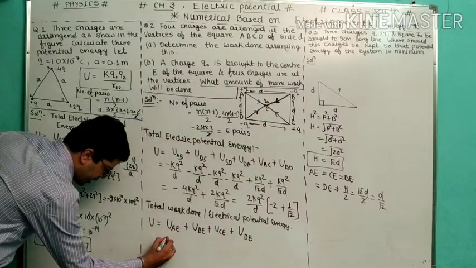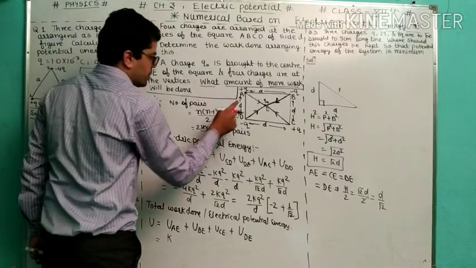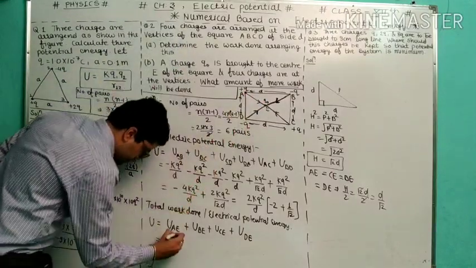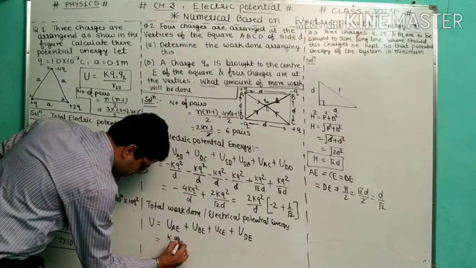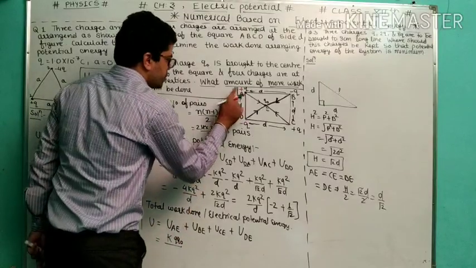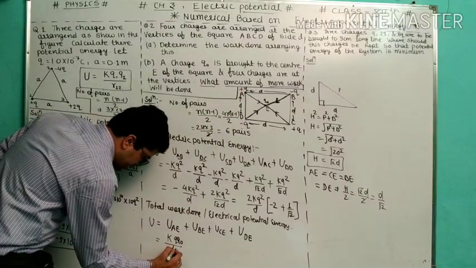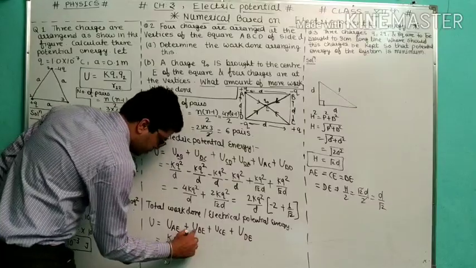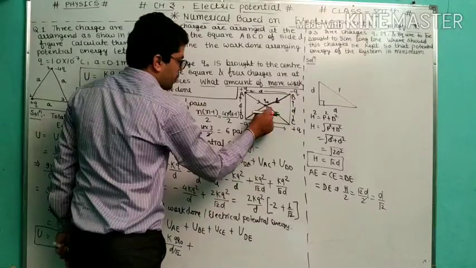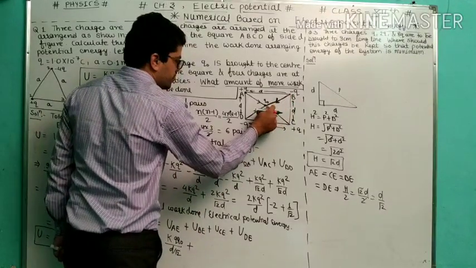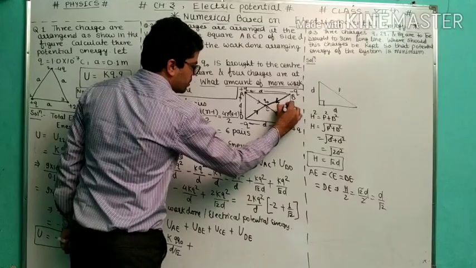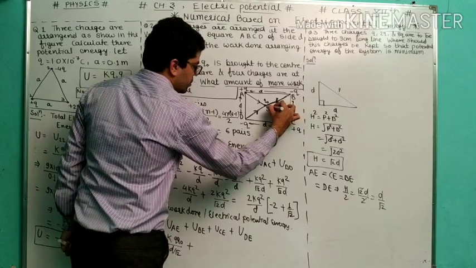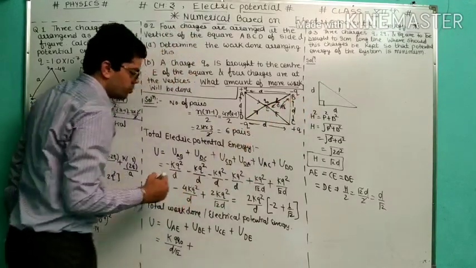So here I am writing K q into q naught, but this q is positive, and the distance is d by root 2, B to E. Now this is BE, and the distance is d by root 2.